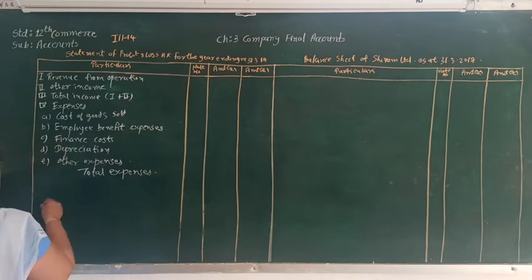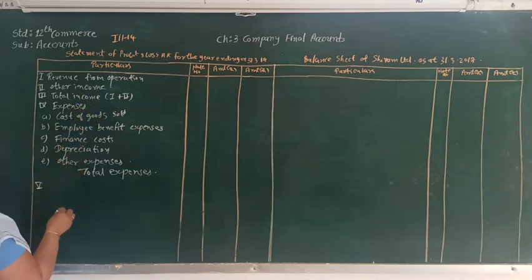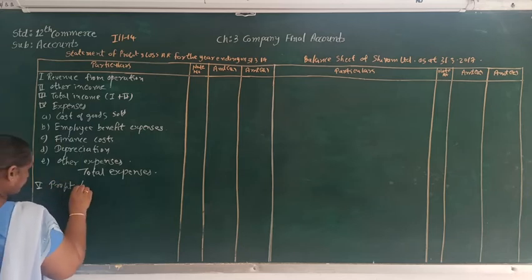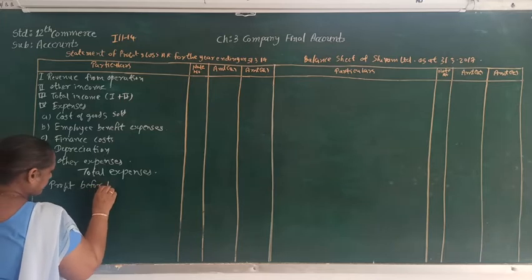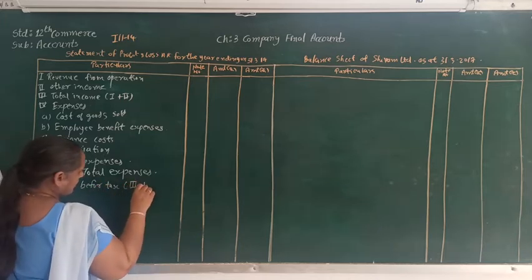And from total income, if we deduct all the expenses, we come to the profit before tax. So here 3 minus 4.